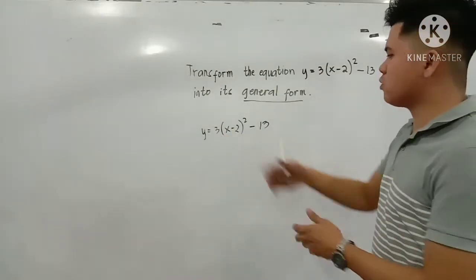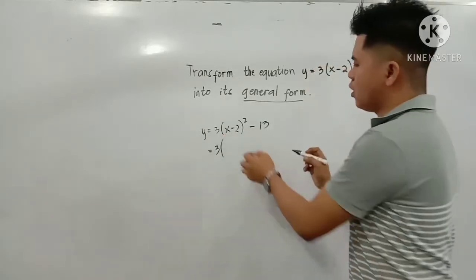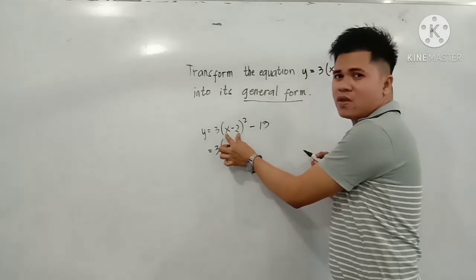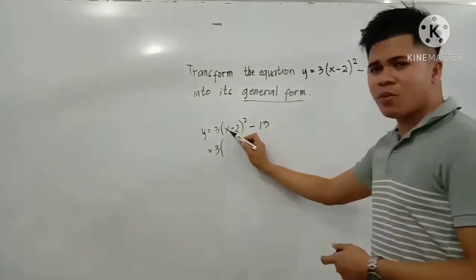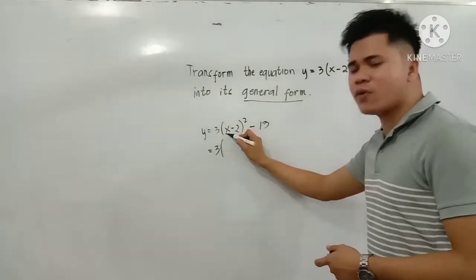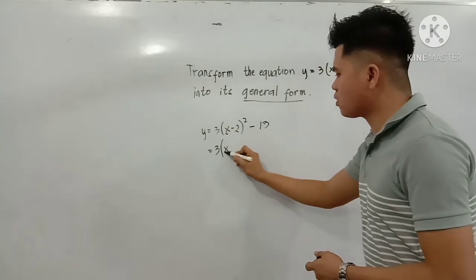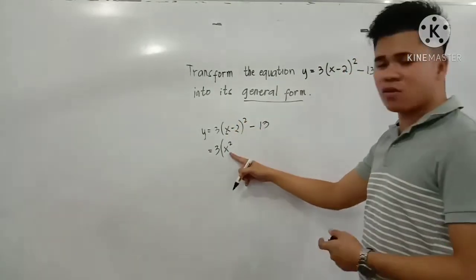So, we have to expand this one. So, copy 3. Then, we have to make this a perfect square trinomial. Now, in order to make this a perfect square trinomial, simply square the first term. x squared is simply x squared.